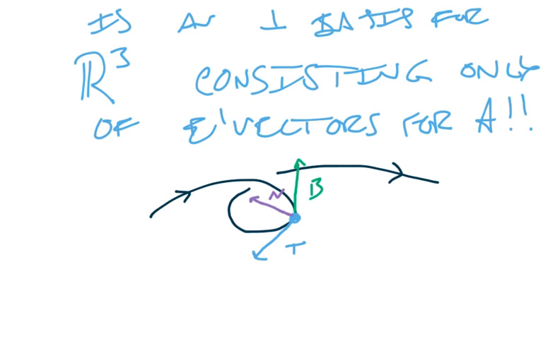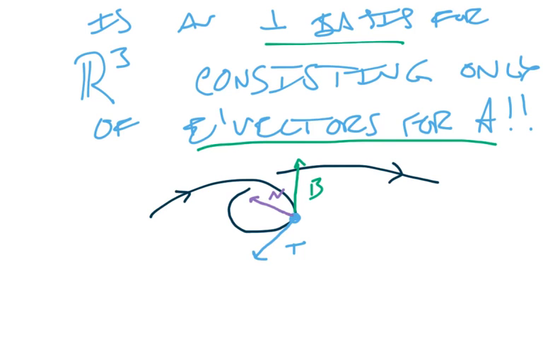Now, why I'm mentioning this is because notice that N, T, and B form an orthonormal basis for R3, and what we just said is that this symmetric matrix has an orthogonal basis consisting only of eigenvectors. So this is like how the matrix A sees the space. These are the three characteristic vectors on which A just looks like constant multiplication, and they form an orthogonal basis for R3.